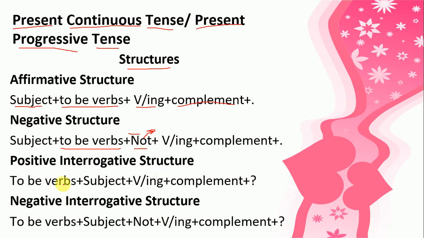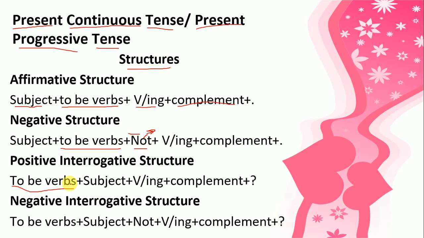Now the same thing, the structure: we change the position of to be verbs in positive interrogative. We use it at the beginning of the sentence, and the sentence is changed from positive into interrogative. Now come to the to be verb negative interrogative structure. As you can see, to be verbs are used in the beginning of the sentences.